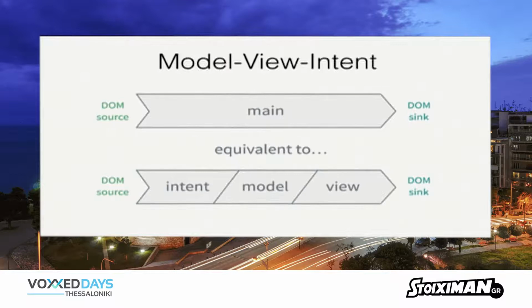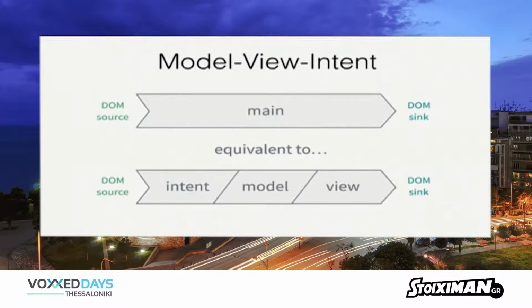In cycle.js, we got a new paradigm, the new Model-View-Intent pattern. Here you see the main function, the one component, and when you work with the streams, there can be a mess. You don't know what's input, what's output, what's happening inside your function. With Model-View-Intent, you can easily separate parts.